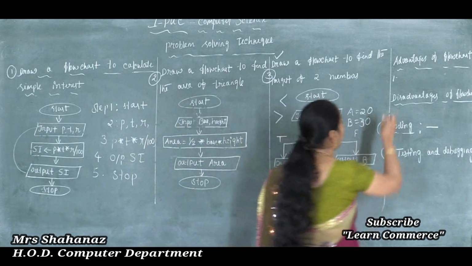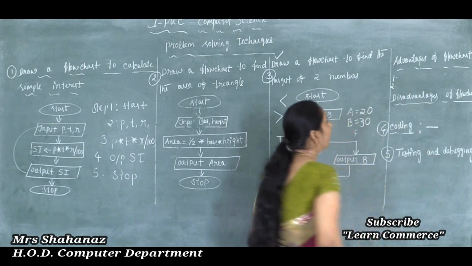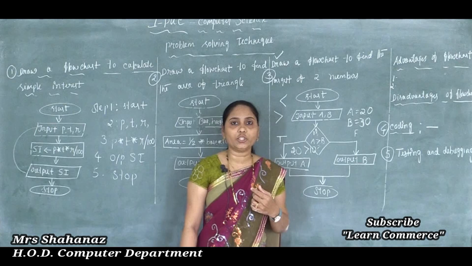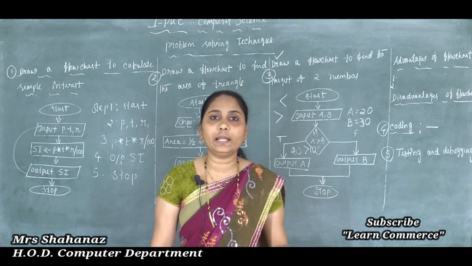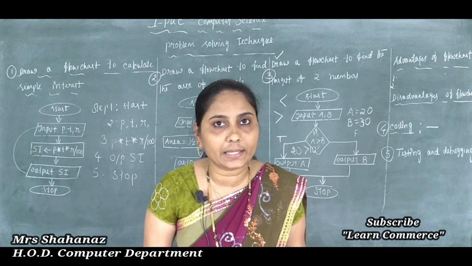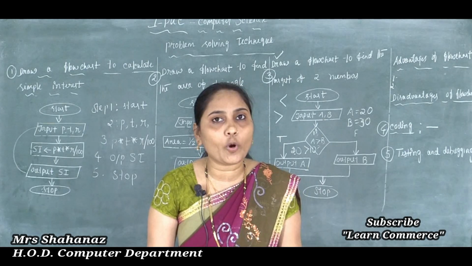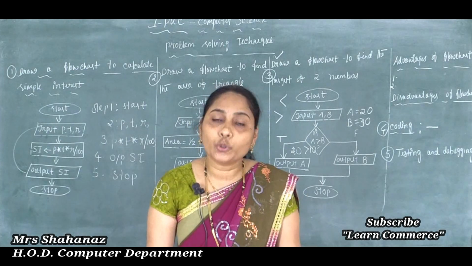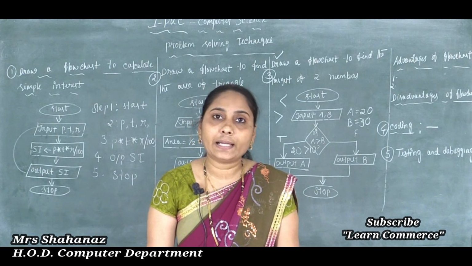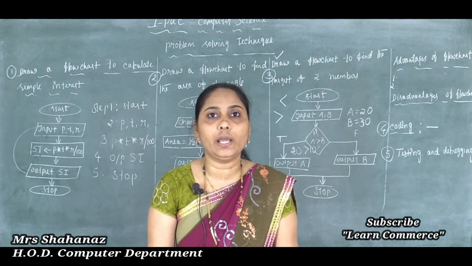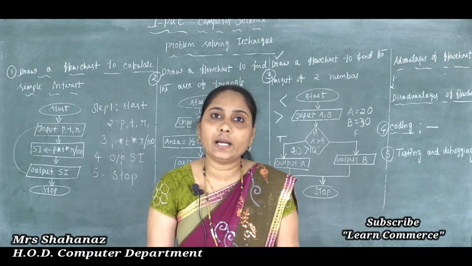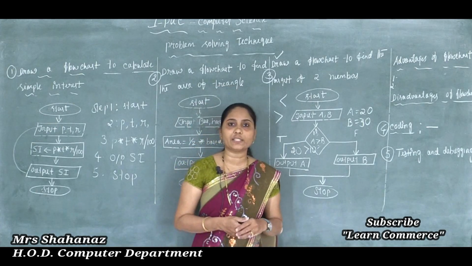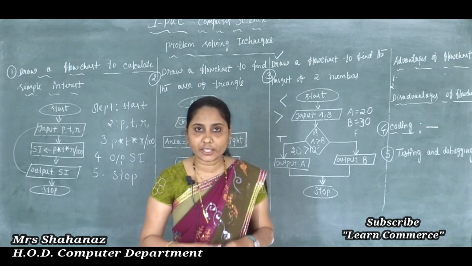Now, after the first point, recall the advantage of an algorithm. I said that we can very easily develop an algorithm, then convert the algorithm to a flow chart, and lastly convert it into a programming language, which is called coding.